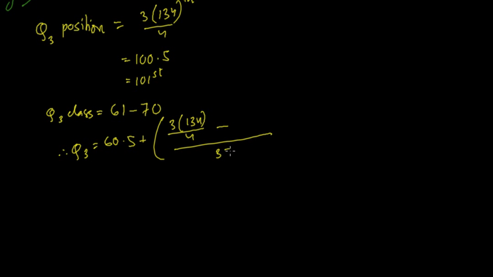So this is 37 and this is 76. Class width, upper boundary minus lower boundary, 70 minus 61 is 9 plus 1 is 10.